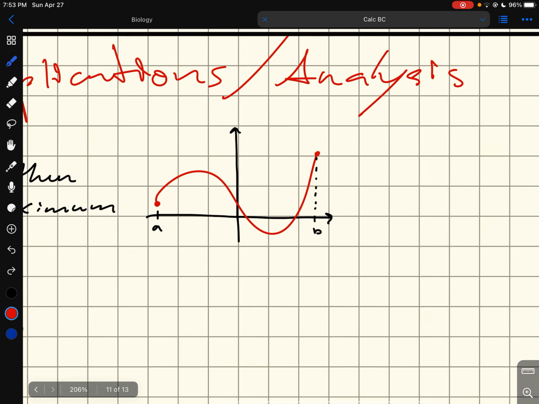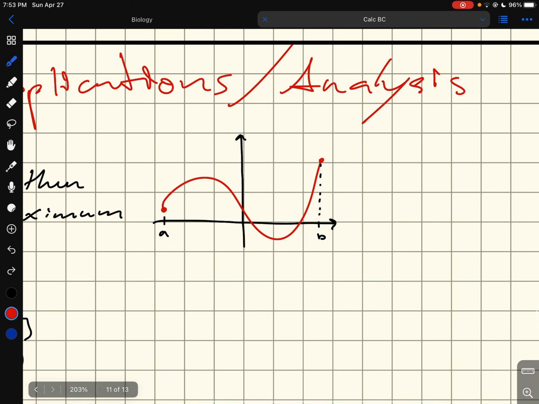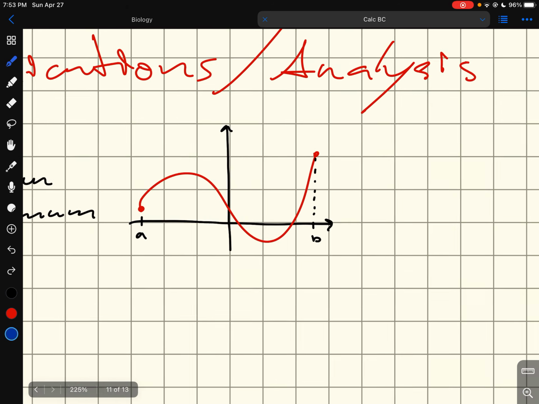Essentially, if it's closed, you're going to have an absolute maximum and absolute minimum. Whereas if it weren't closed, you may only have local maximums and minimums. But on a closed interval, you absolutely have an absolute max and min.